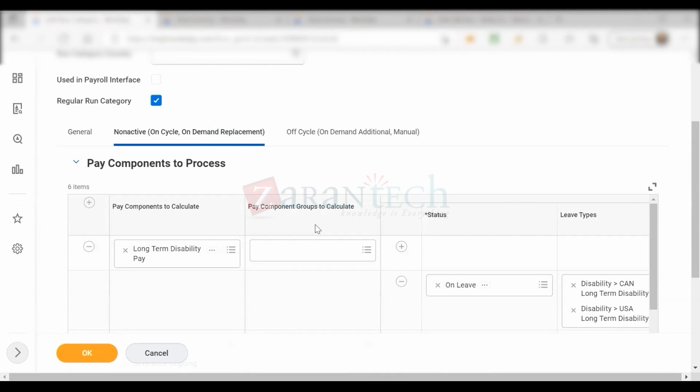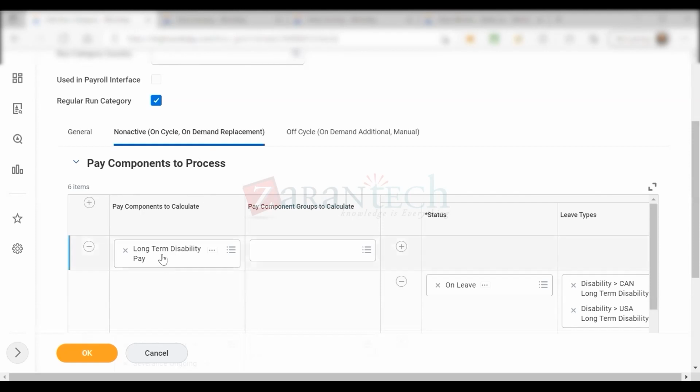Why am I saying yes and no? Because yes, we need to list out, because if we don't list out, the system will not calculate anything. Let's assume that I forgot and I don't have any single thing configured on this tab. If I set the run category like that, and my employee is on leave and I calculate their payroll, the system by default will calculate their statutory taxes, and if there are any compensation one-time payments, or any payroll input which we loaded on the pay line, those will get calculated by default.